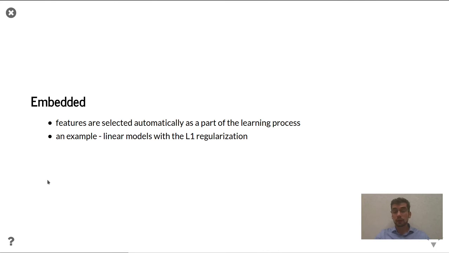The overall idea behind this set of methods is that our estimator provides a natural way to estimate the importance. For example, we can consider a linear model with L1 regularization.